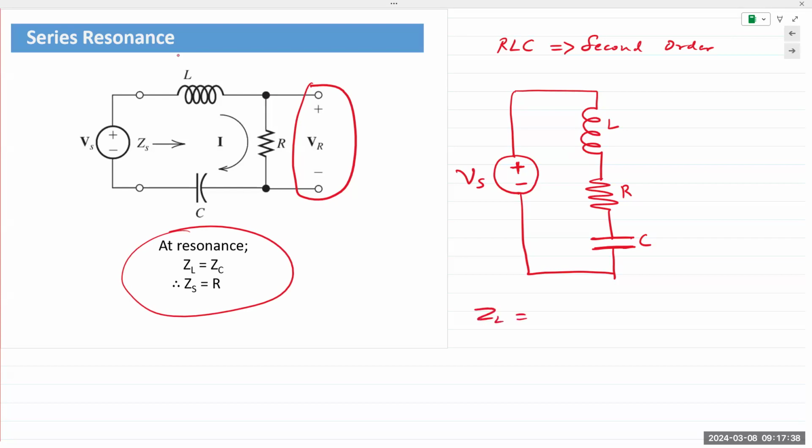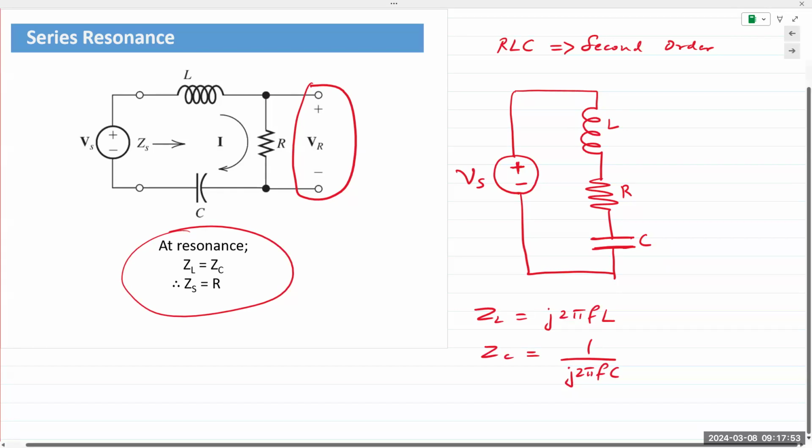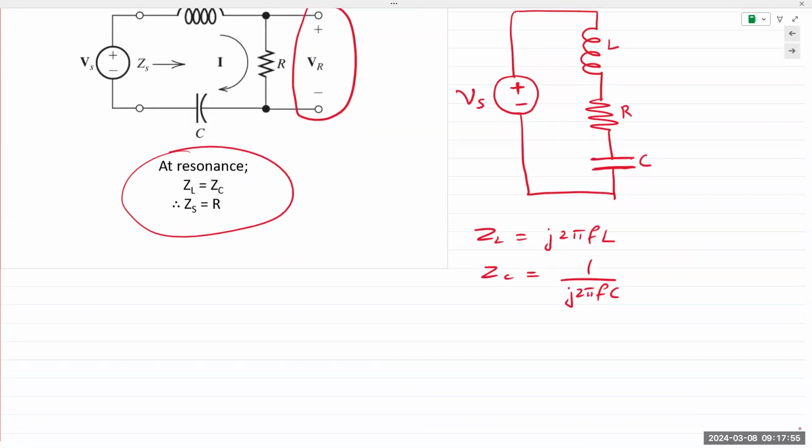ZL is j2πfL. ZC is 1 over j2πfC. If they are connected in series, then the equivalent impedance of the inductor and the capacitor would simply be ZL plus ZC.